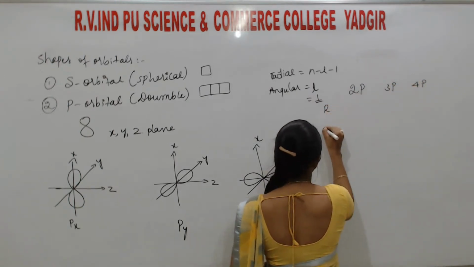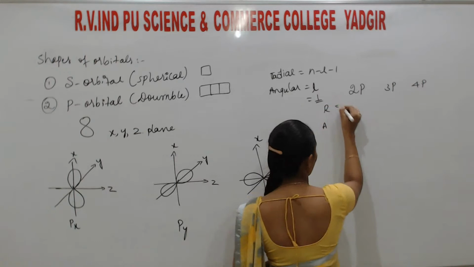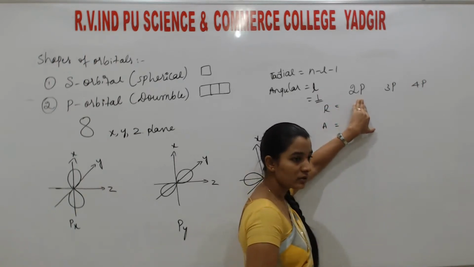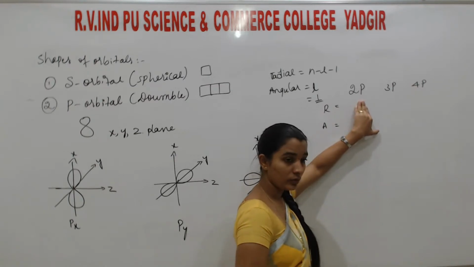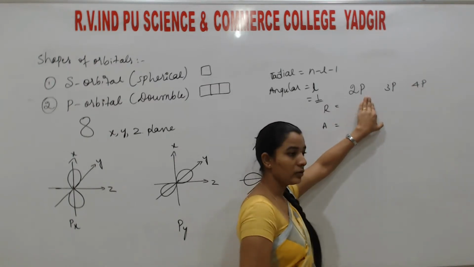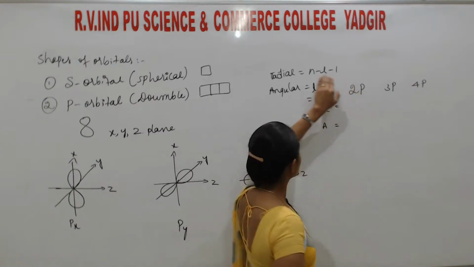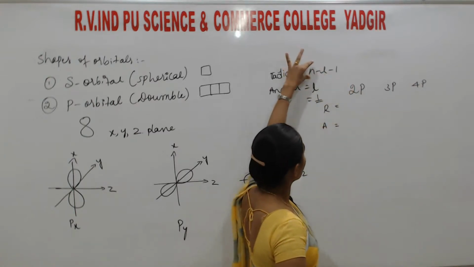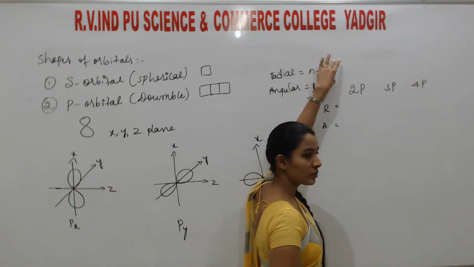This is radial, this is angular. For the 2p orbital, n value is how much? N value 2, L value 1. So if you apply this formula, what is the answer? 2 minus 1 minus 1.